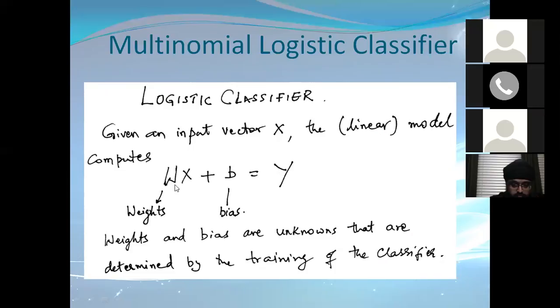And we set up an equation like this. This is a matrix. In this case, we have 10 classes. That means the vector here should be 10 dimensions.